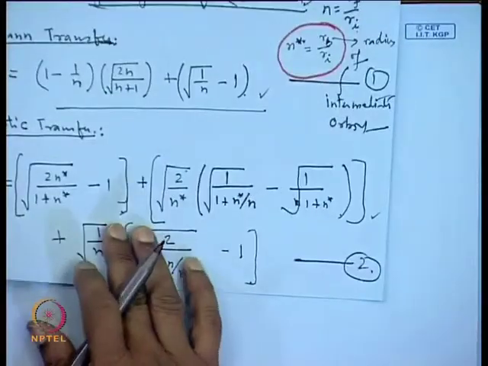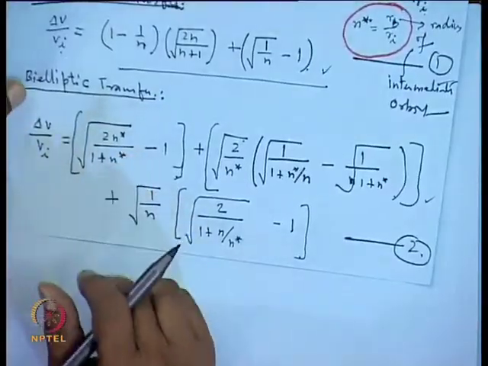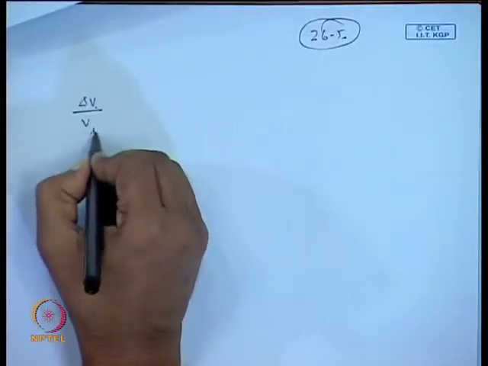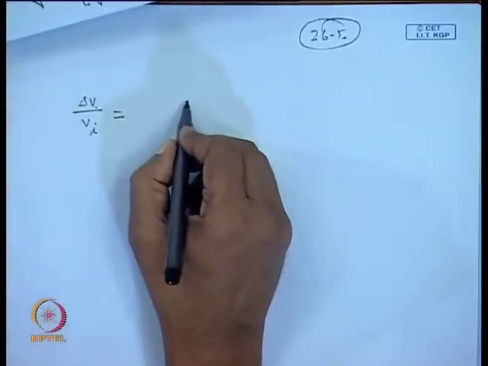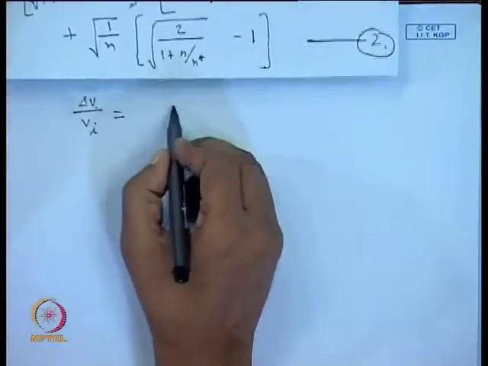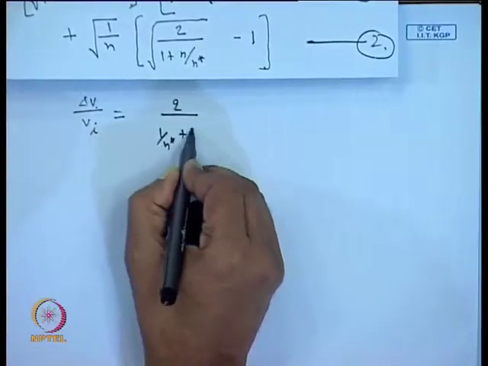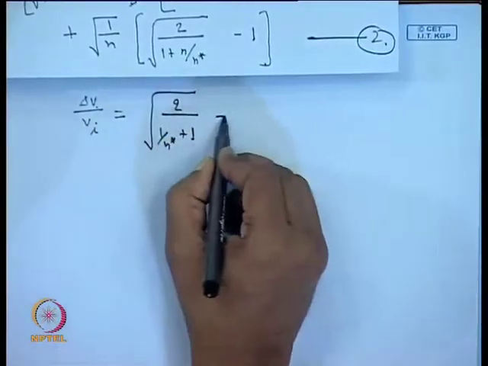Okay, so, from this bielliptic transfer if we put n star equal to infinity, this will result in delta V by V I. This quantity you can see from here, this is 2 divided by 1 by n star plus 1 under root minus 1.